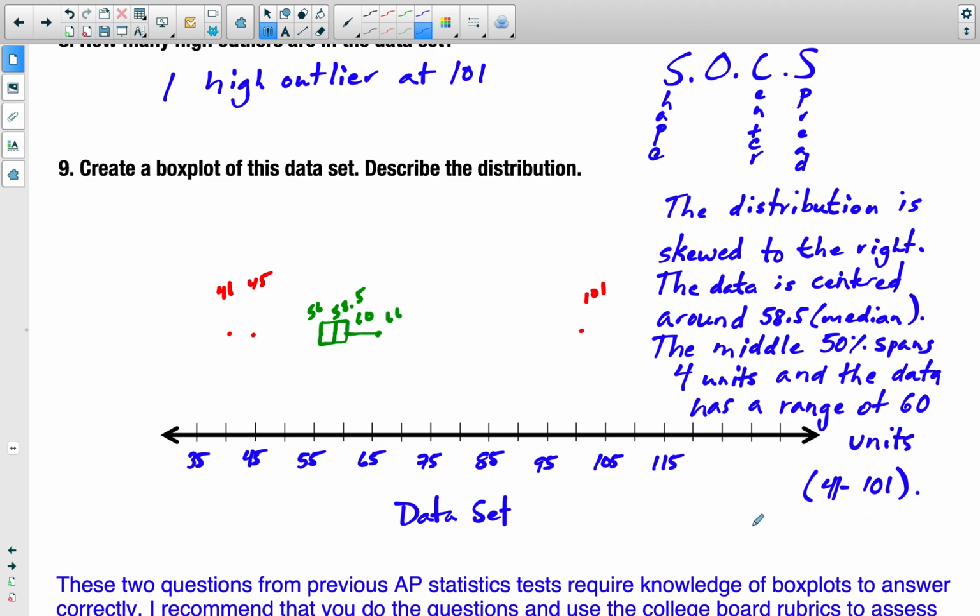Oh, and then there are 3 outliers at 41, 45, and 101. So there's a nice, thorough description of this data set using shape, outliers, center, and spread.